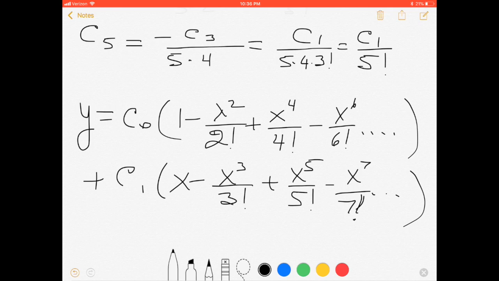Looks like your solution is separated into two series. This means you have two linearly independent functions for your answer. Okay.